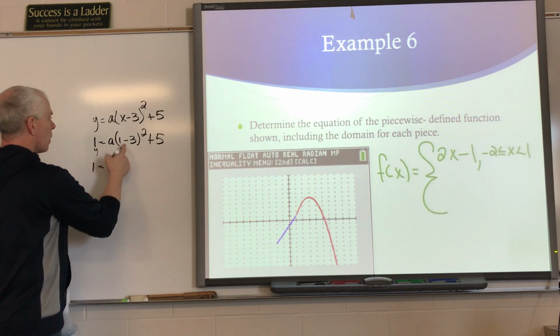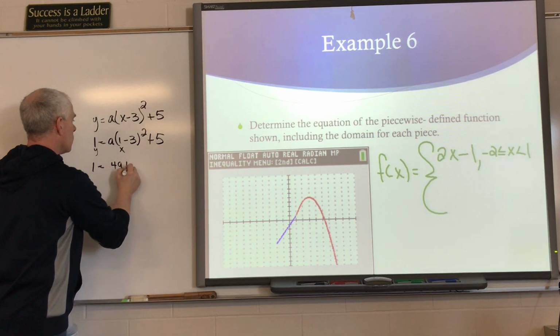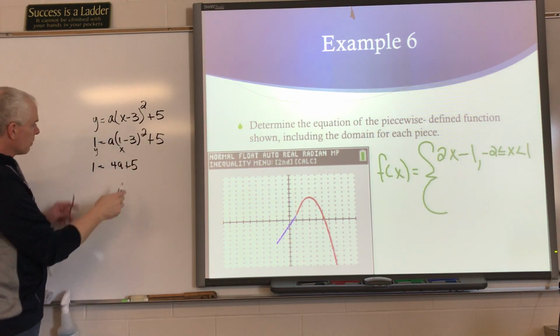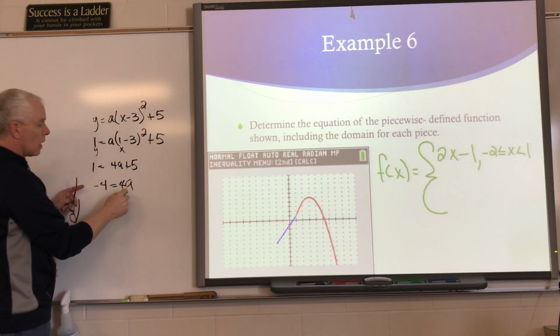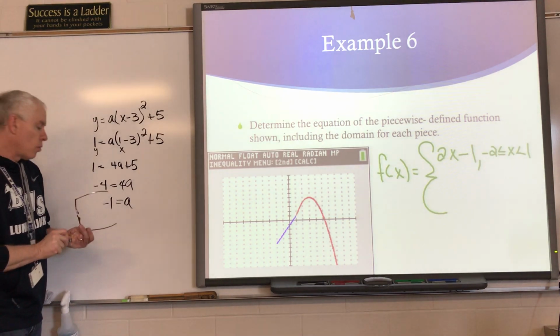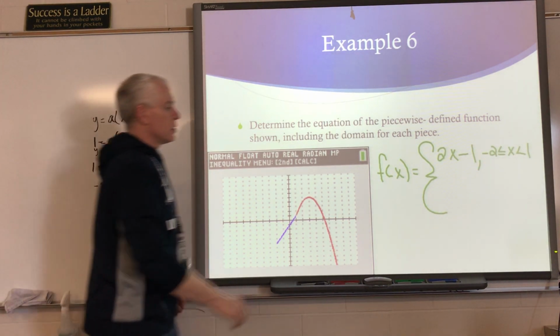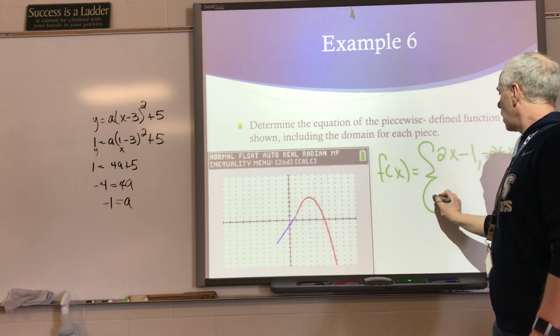So 1 minus 3 is -2, squared is 4. I'm going to subtract 5. I'm going to divide by 4. So I know A is -1. That gives me the equation of my parabola. So it's going to be the opposite.